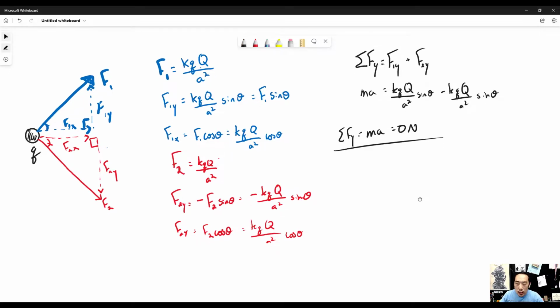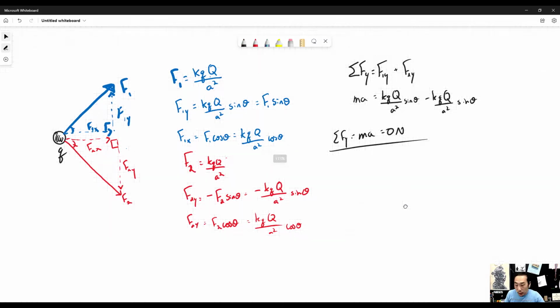All right, that leaves us with the x-axis. So I'm going to do the same thing. I'm going to create my formula. F of x is equal to f1x plus f2x. Okay, and we know F equals ma. F1x is equal to kqQ over a squared cosine of theta plus kqQ over a squared cosine of theta. And if you're wondering, well, what about the negative sign?